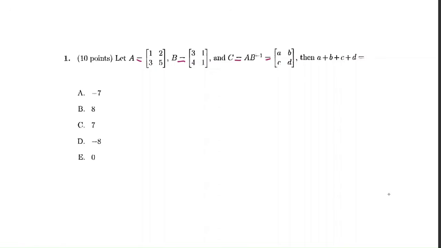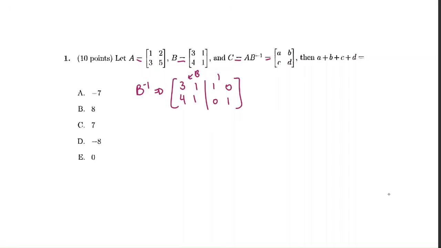So the first thing we need to do is find B inverse, and I think there's a formula for this that's pretty simple for a 2x2 matrix, but I kind of forget what that is, so I'm just going to calculate B inverse another way. One of the ways to do this is by putting the matrix you want to take the inverse of on the left hand side, and then put the identity matrix on the right.